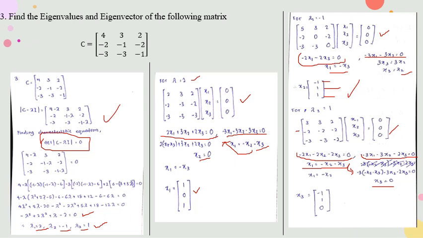After we find x3 is equal to 0, then we know that x1 is equal to negative x2. Hence the eigenvector is negative 1, 1, 0.